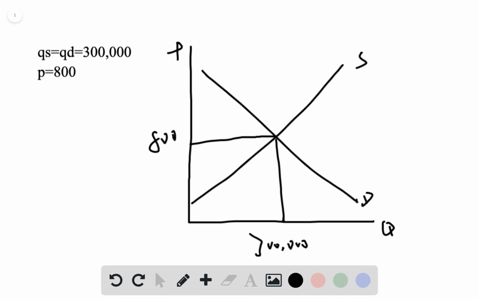So the answer is no, because at equilibrium, at this given price 800, quantity demanded equals quantity supplied equals 300,000. That means every landlord in the market can find a renter, and every renter in the market can find an apartment. Okay, so this is part A.